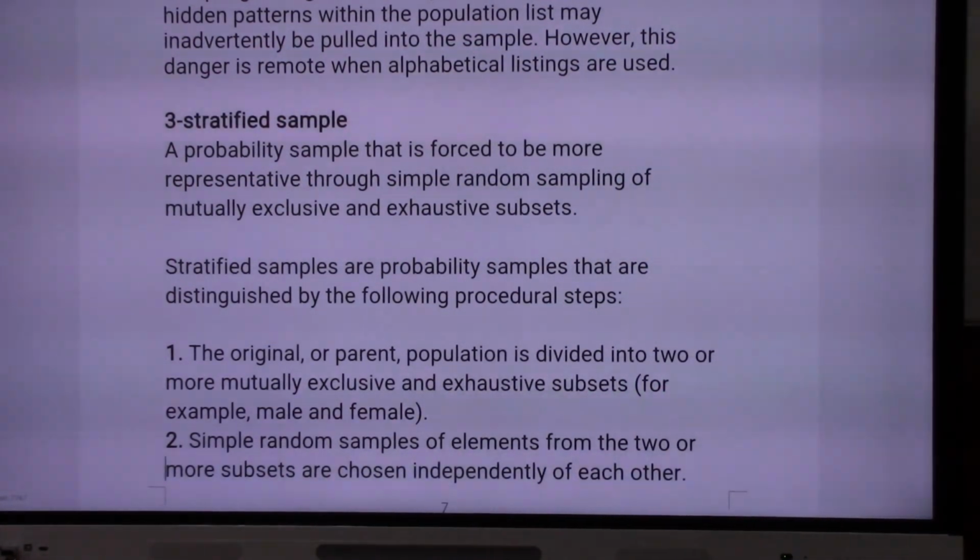Stratified samples are distinguished by the following procedural steps. First, the original or parent population is divided into two or more mutually exclusive subsets. For example, we can categorize our population into males and females.